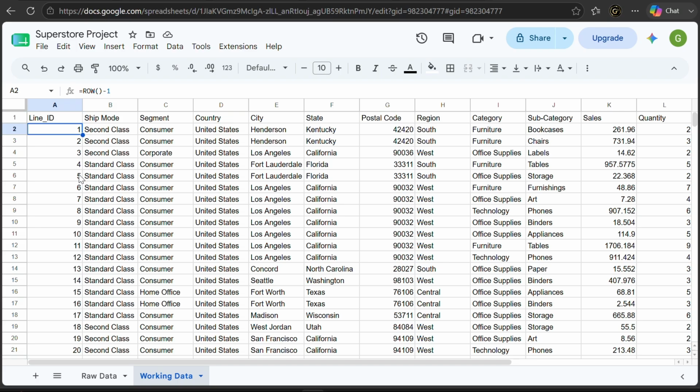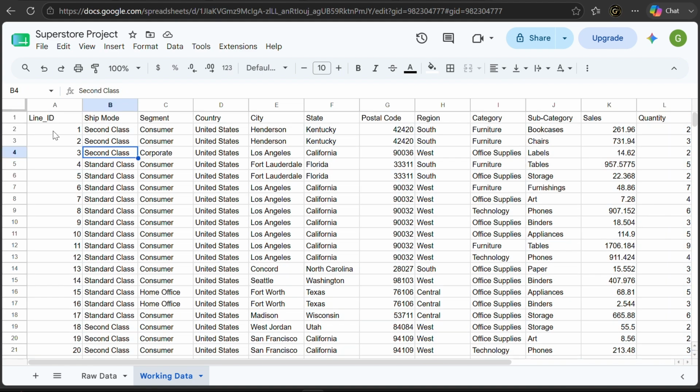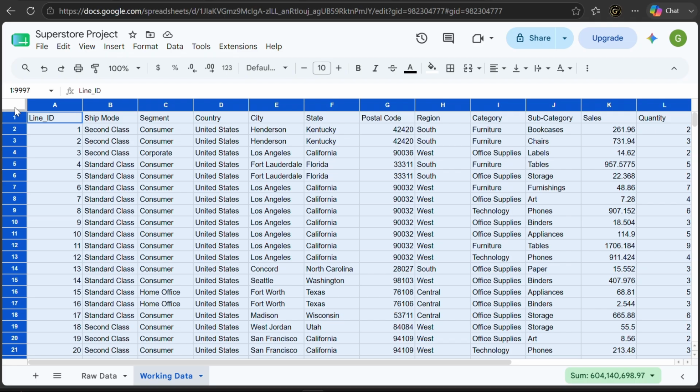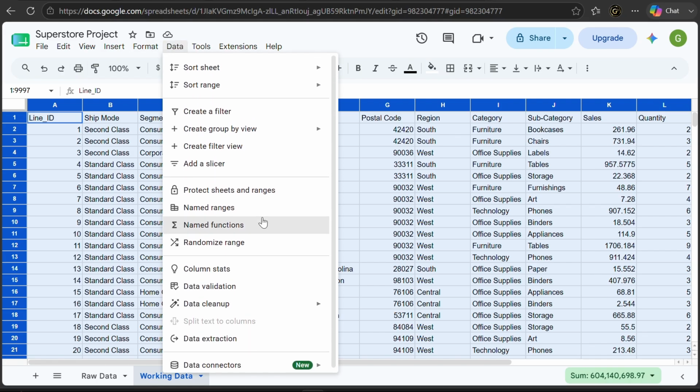Now before we proceed, let's carry out a quick audit of this data. But before then, I think it's necessary to remove all duplicates. So I'm going to click at this particular point, and then we try to remove all duplicates in this data set.